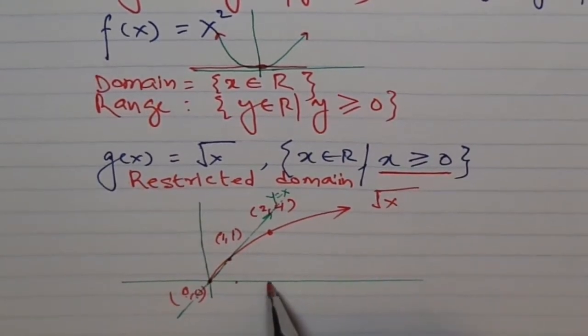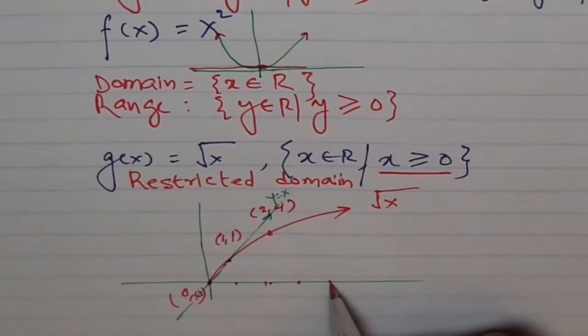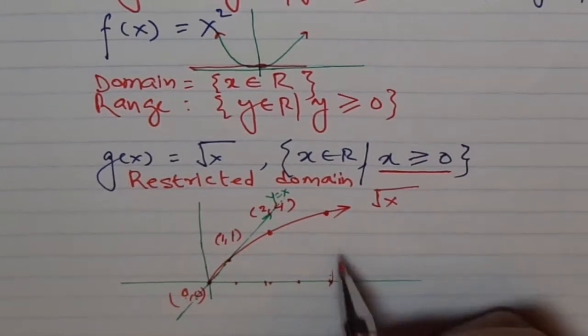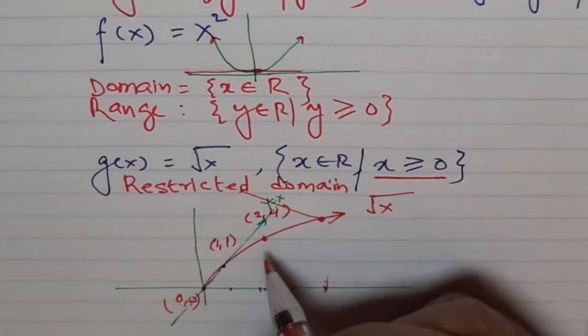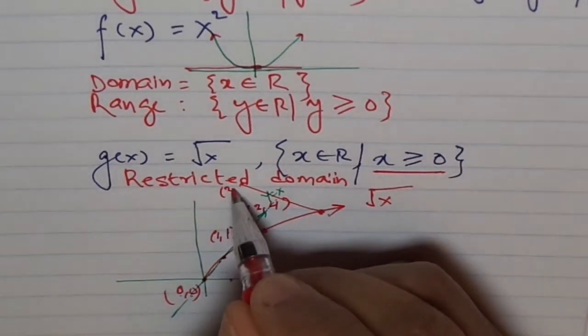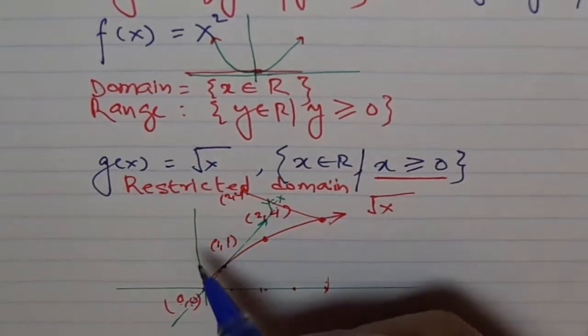So this is 1, 2, 3, 4. So at 4 we have 2. It doesn't look like that, but anyway, this point will be 4 and 2. And then when it gets reflected, at 2 we should get 4. It's kind of messy, but okay.